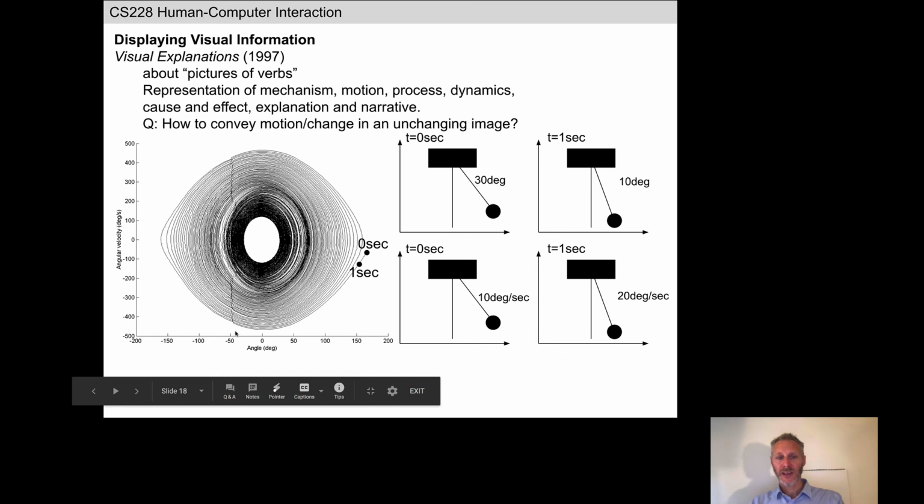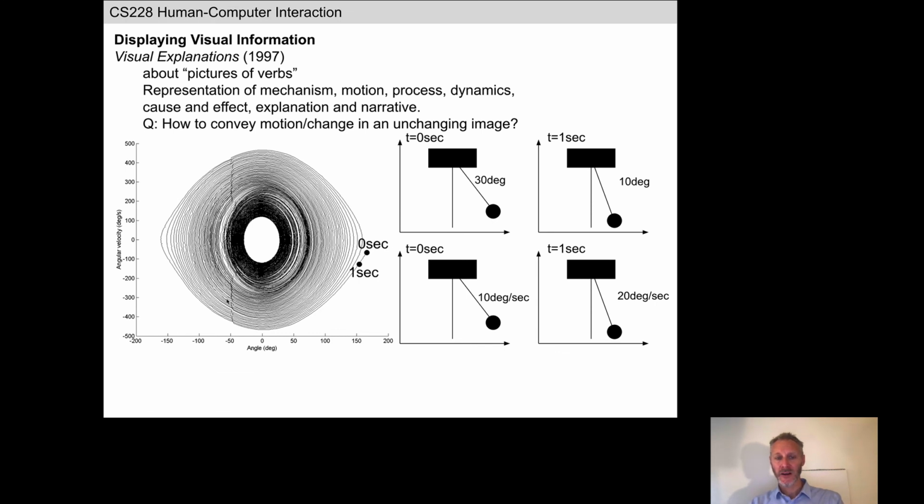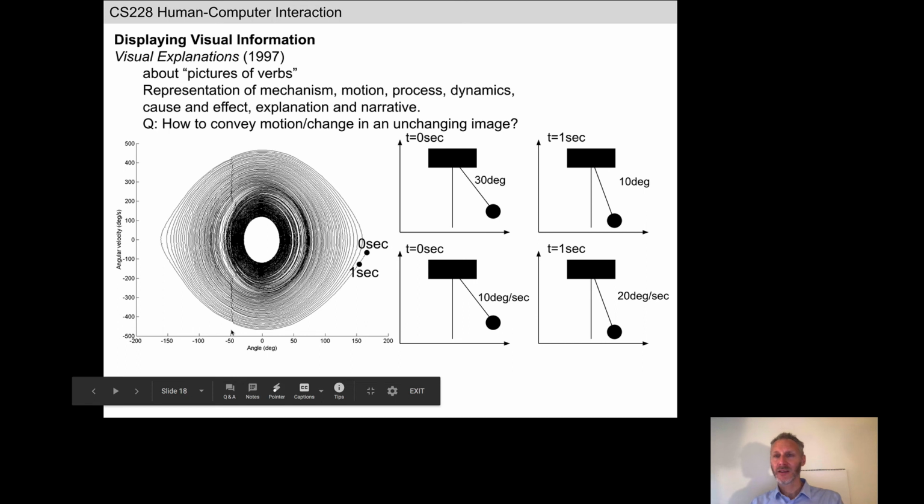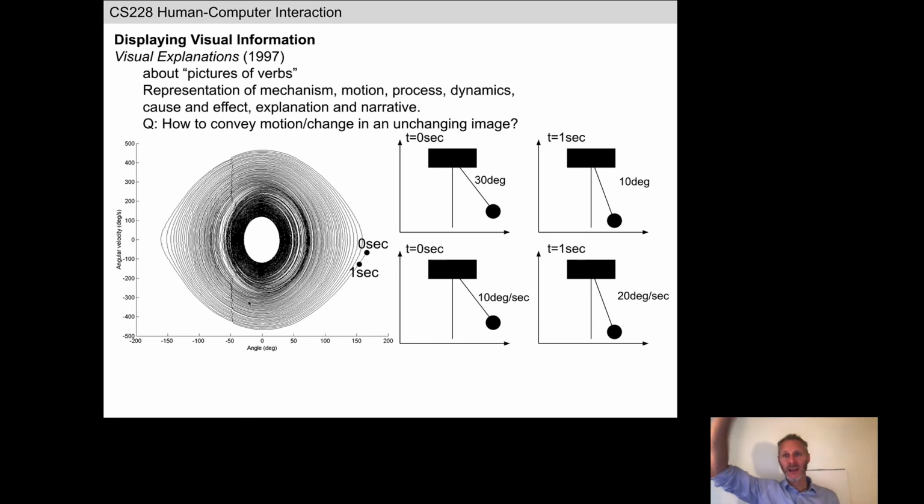You'll notice there's this hiccuping vertical line here at about minus 50 degrees. And it always shows up at minus 50 degrees regardless of the angular velocity. It doesn't matter if the arm is rotating quickly clockwise, negative angular velocity, or counterclockwise, positive angular velocity.